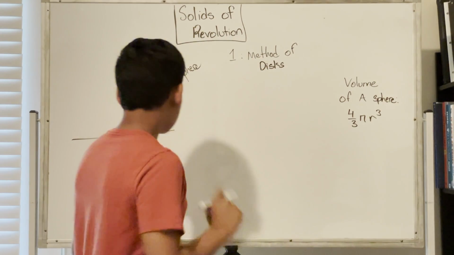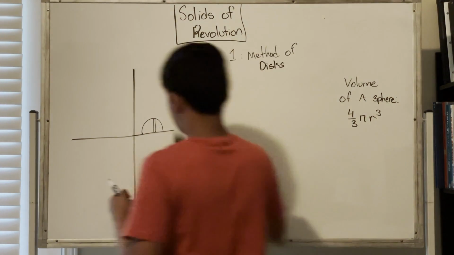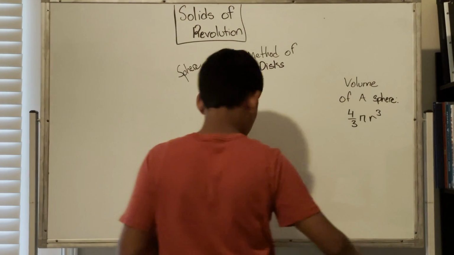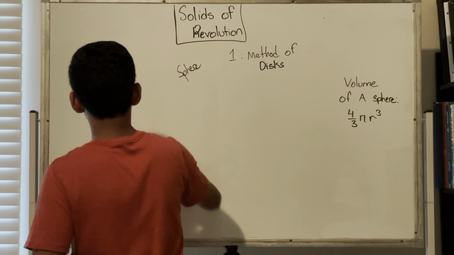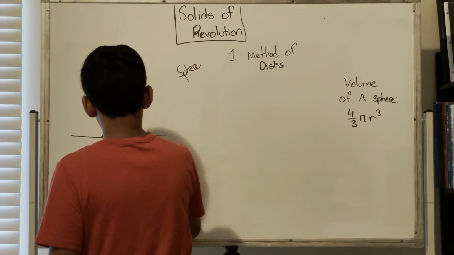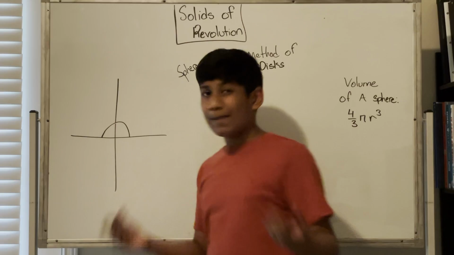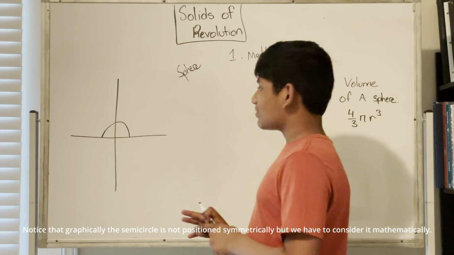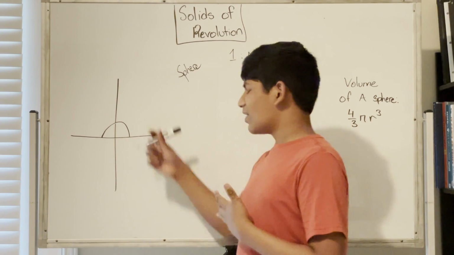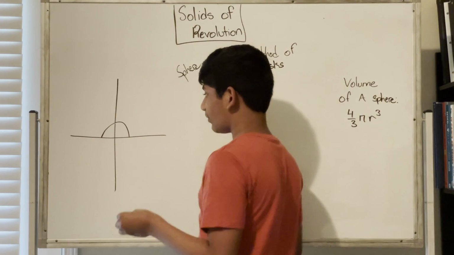Okay, now let's rearrange this semicircle so that it's on the origin. So this is going to be the semicircle, which we're going to call symmetrical. But really, it's not symmetrical, but we're going to call it symmetrical because that's how we're going to treat it mathematically. So this is a semicircle symmetrical over the y-axis.